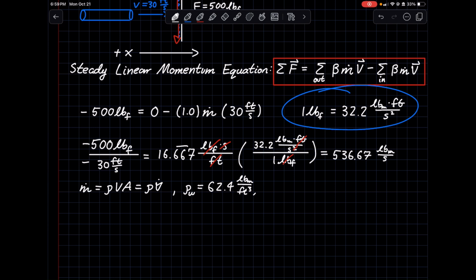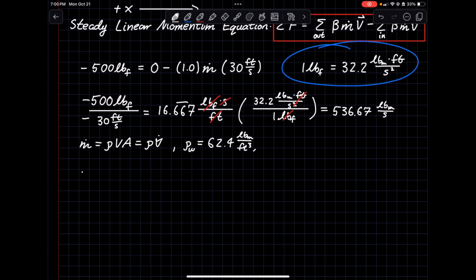So what we can do is solve for our volumetric flow rate using the density of water, plugging that in right here. We have our mass flow rate, which we have just found right here. And we should be able to solve for V dot by doing m dot over rho.